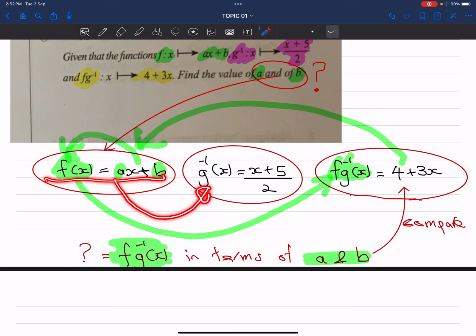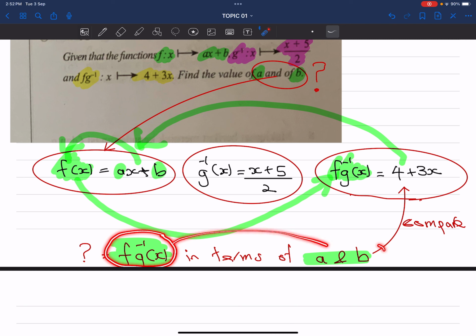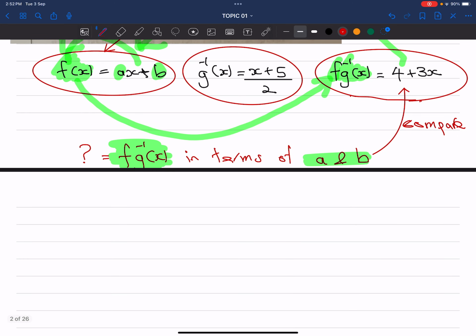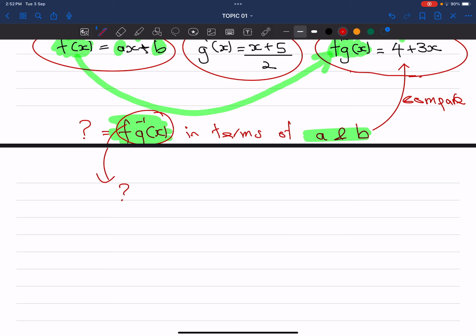I will use it with g inverse to find another fg inverse, now in terms of a and b. After getting this, I will compare with the given fg inverse. So now our target is to find fg inverse x in terms of a and b.